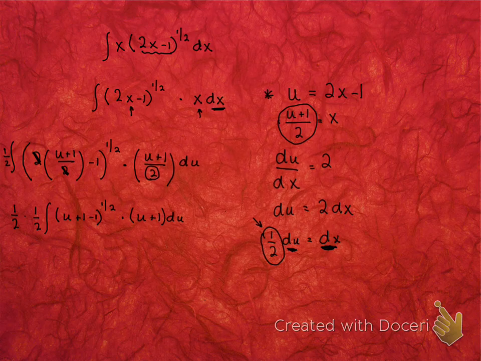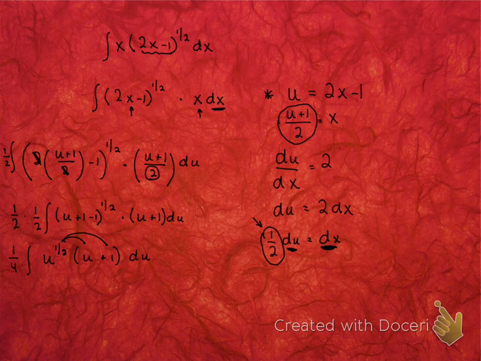Okay? Now, we're going to simplify. Stay with me. U plus 1 minus 1 is u to the 1/2, times u plus 1 du.